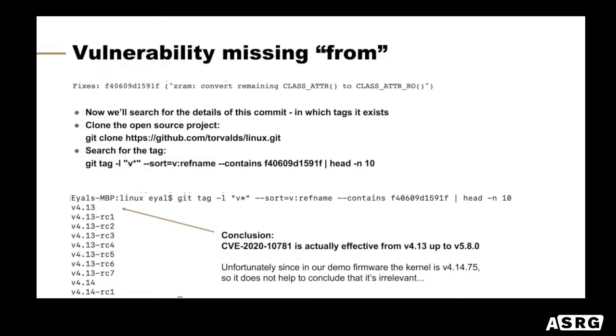So now I have to look back in my SBOM and see what is the Linux kernel version I'm using. In my demo here, it is focused on a single file where the kernel is 4.14. So 4.14 does have the issue, so it did not help me to identify in this case that it is irrelevant. But this is an example of how to investigate details beyond what is tagged by the original people that actually filed the CVE. They unfortunately did not include the from 4.13 information.